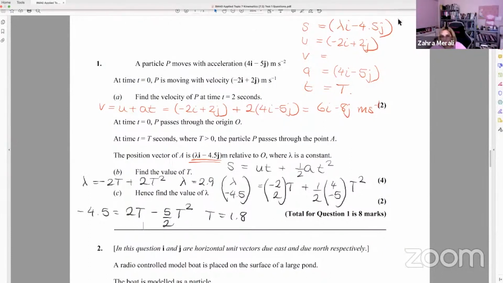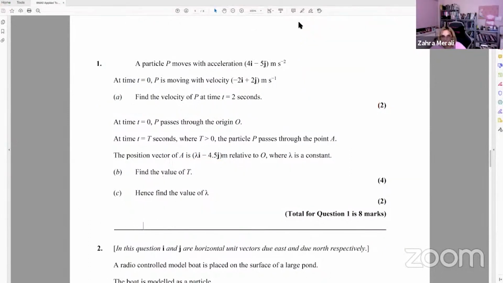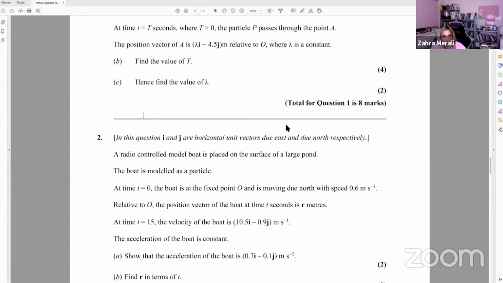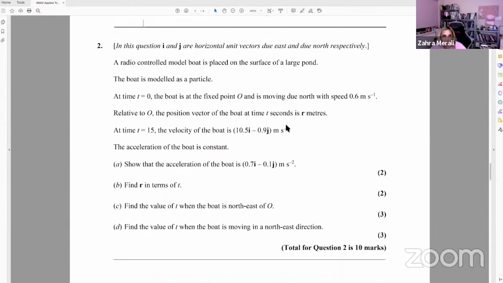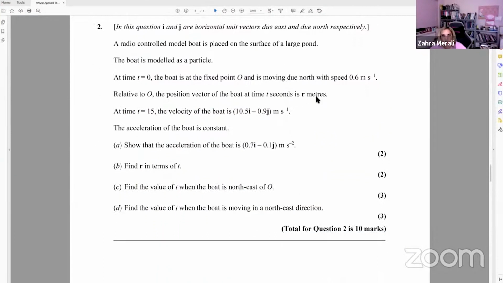Okay, next one. A radio-controlled model boat is placed on the surface of a large pond. At time t equals 0, it's moving due north. By due north, we just mean it's going up.